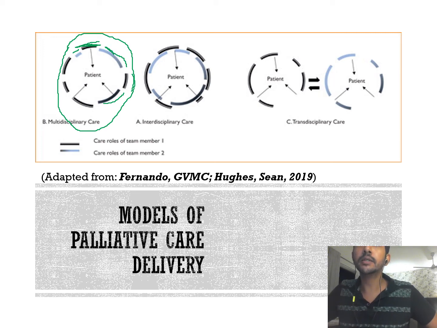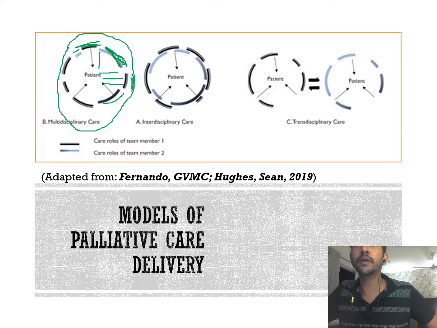And this is where the nurse is located, and she has very defined forms of care towards the patient. And this is the spiritual caregiver, and that professional has very set, defined tasks to fulfill while caring for the patient. So there is no overlap between their duties.